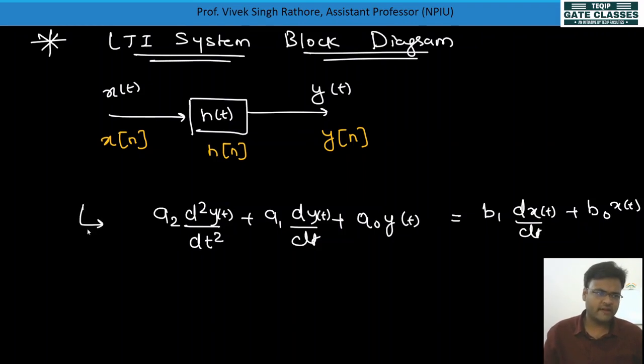This is a standard differential equation which we can realize from that impulse response. Is there any constant term? No, there is no constant term. Constant coefficients are there. Is there any multiple of y and x, or y square? No, it's not there. So it can be said that it is a linear as well as time invariant system. It is a pure LTI system.